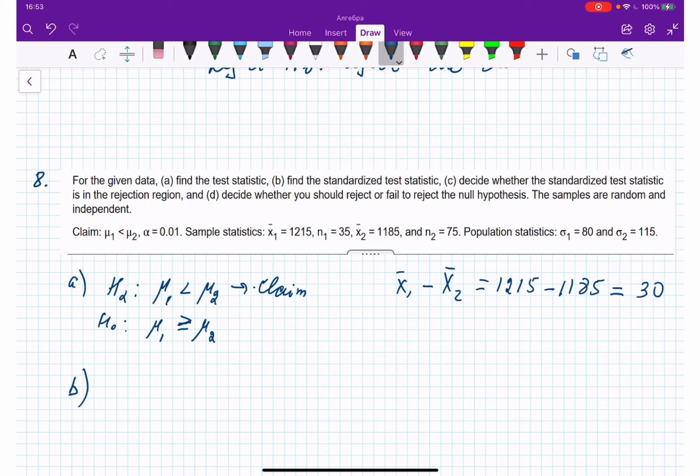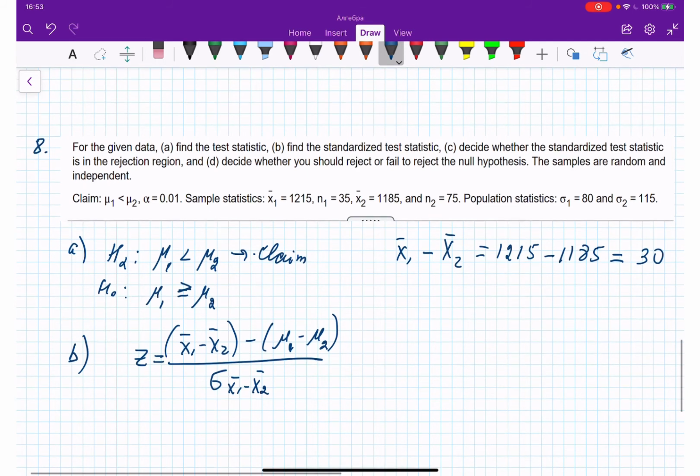In this case, we are going to use the formula for standardized test statistics, and that is going to be x1 bar minus x2 bar, minus mu1 minus mu2, over sigma x1 bar minus x2 bar.